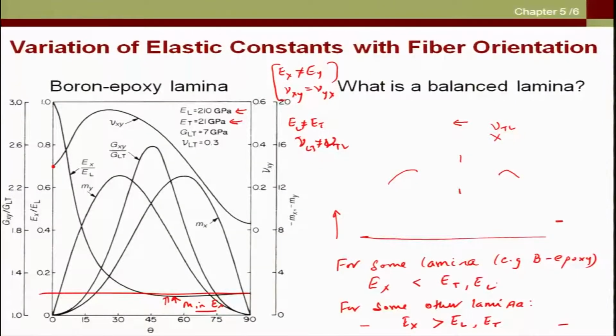So, for some lamina, at least in case of boron epoxy, we have seen that Ex min, I am sorry, I should have written min, the minimum value of Ex can be less than that of Et and El, and we can also construct some other special lamina with specific properties such that their Ex max can exceed El and Et.